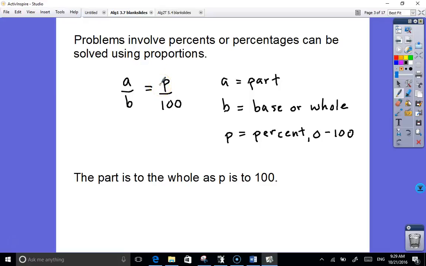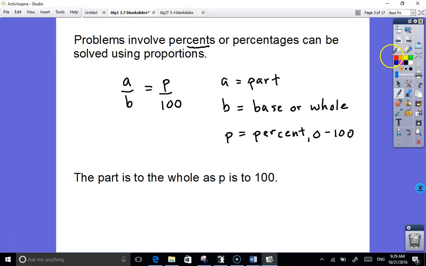So that might make us think about where the word percent comes from. Percent. If you have money, cents are always based on 100. Well, that comes from the same place. How do you say 100 in Spanish? Cien.